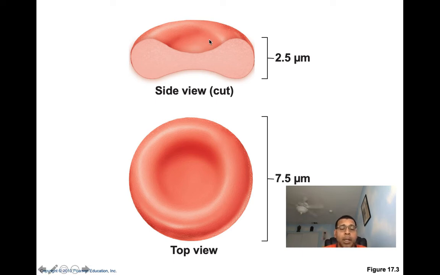Biconcave because you can see here on both sides. Flattened discs with depressed centers. These cells are small cells. They have a diameter of about 7.5 micrometers.